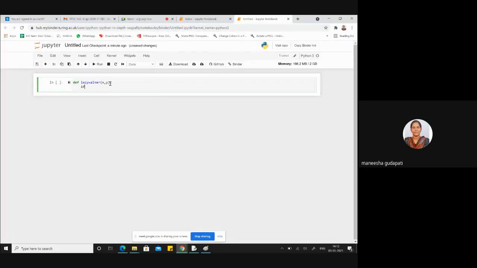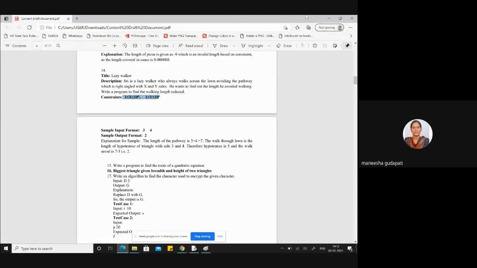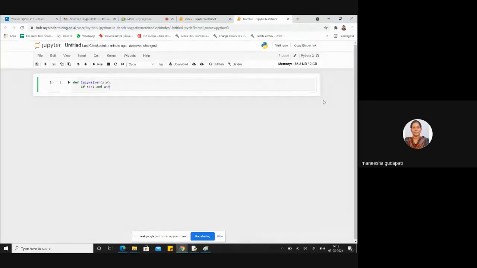Your x value should be greater than or equal to 1 and less than or equal to 10 power 6.